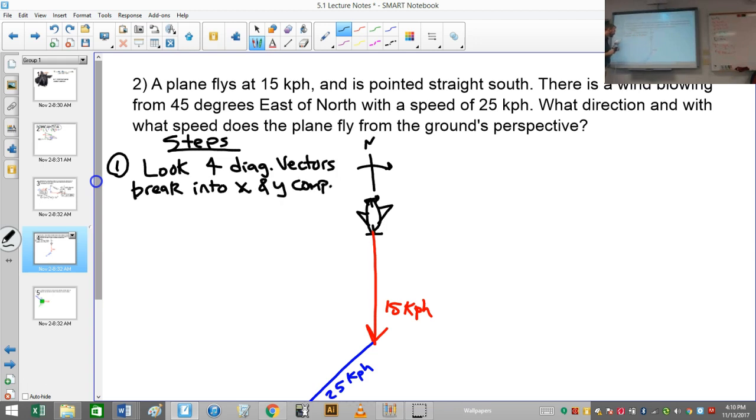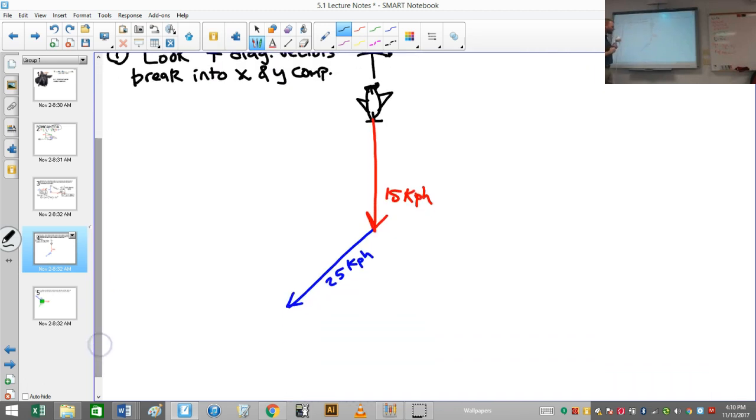I'll show you what I mean. I'm going to break this vector into its x and y components. I'm just going to copy this real quick over here. 25 kilometers. And I know that this angle, well, let's see, just wait 1 second. I'm going to break it into its x, and then I'm going to break it into its y component.